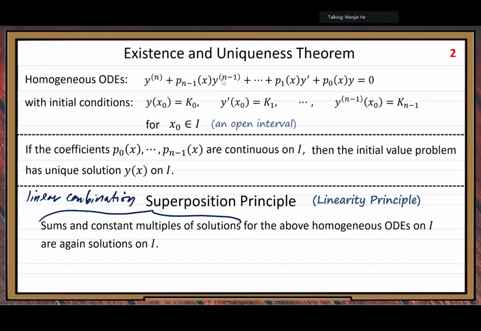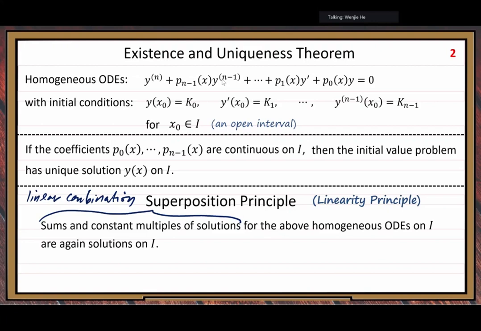So we generalize the linear combination concept from two elements to, here, how many elements? Nth order, so we should have n solutions. Because for second order, we have y1, y2, two linearly independent solutions.